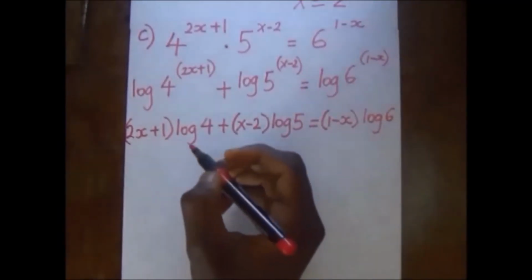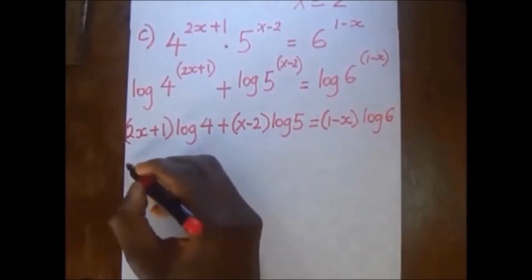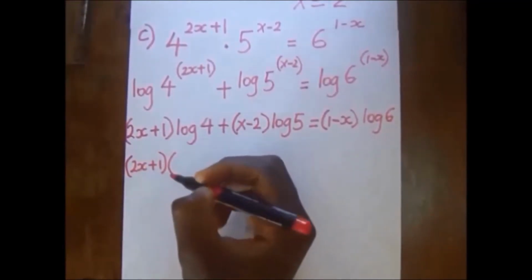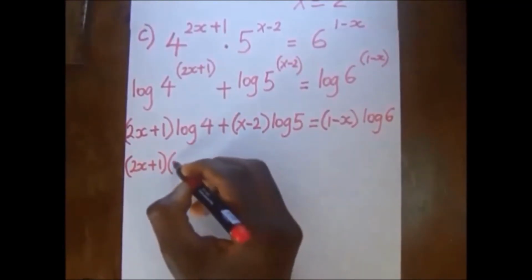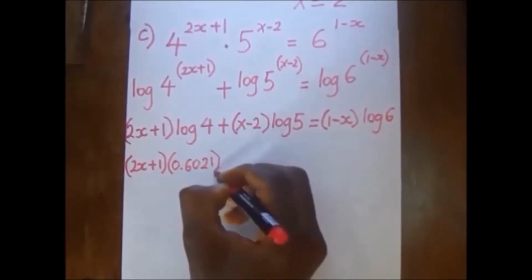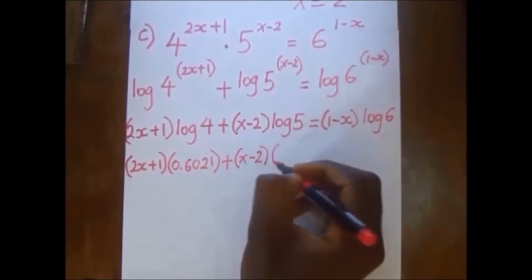So we shall continue with our calculation there. 2x times that, this is going to become 2x plus 1. What is the log of 4? When we punch that in our calculator, we get 0.6021 plus x minus 2 times the log of 5.